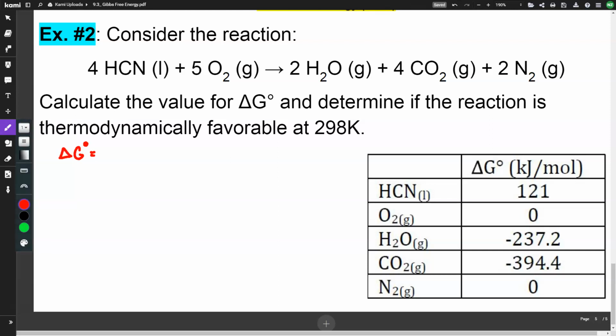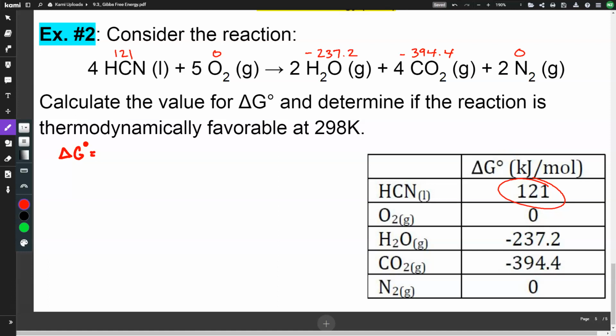Let's assign all of these numbers. HCN is 121, I'm pulling that right from our table. O2 is 0. H2O is negative 237.2. CO2 is negative 394.4. And then nitrogen is 0.